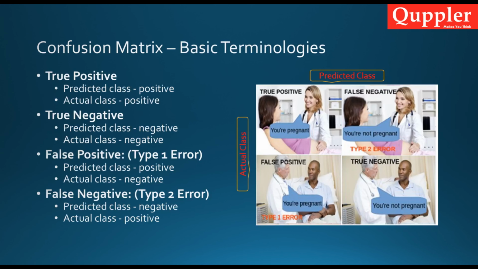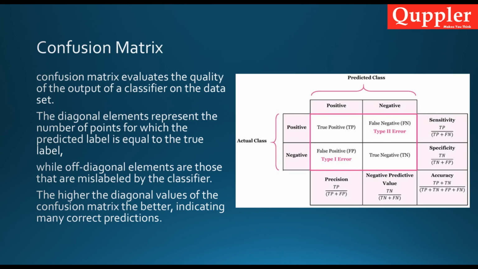So for this 2 by 2 matrix, first let's understand the basic terminologies: what is true positive, what is false negative, what is false positive, and true negative. Suppose we take the rows as the actual class, positive and negative, and the columns as the predicted class.